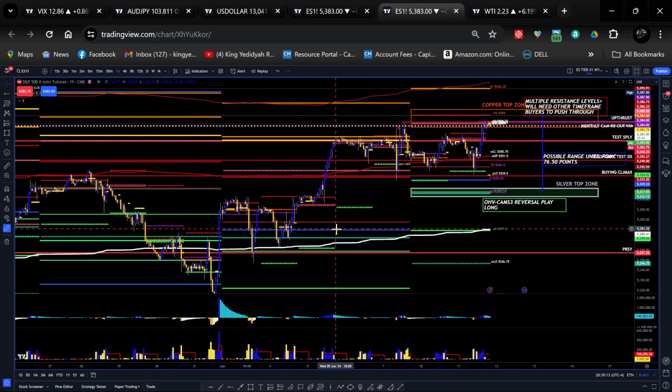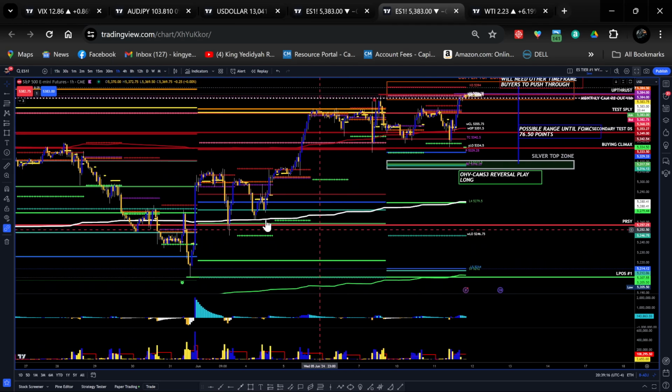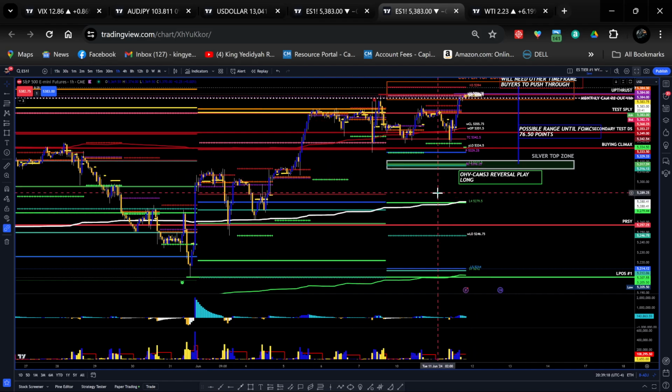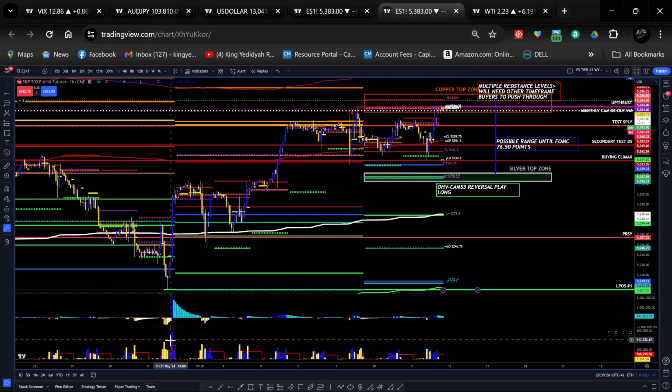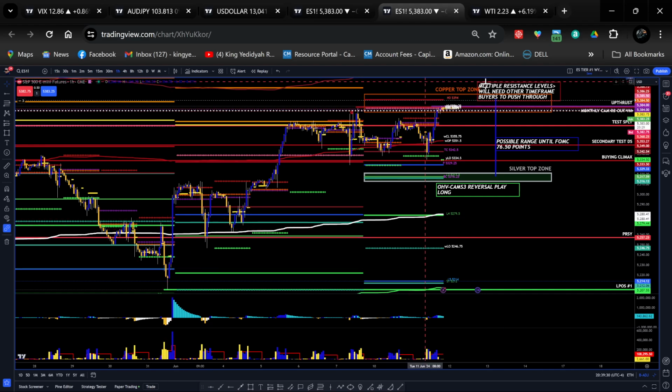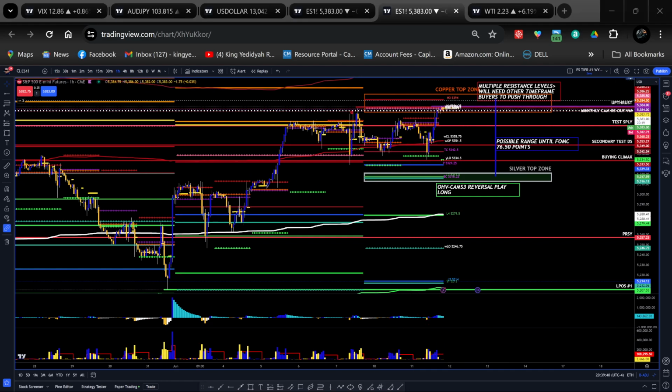Now, let's see how the volume is looking from the past week, right? In the case of buyers building a position here at these levels before we make a run up. I made this note: multiple resistance levels will need other time frame buyers to push through, right? Now, I haven't seen any indication of other time frame buyers volume-wise at these support levels right here.